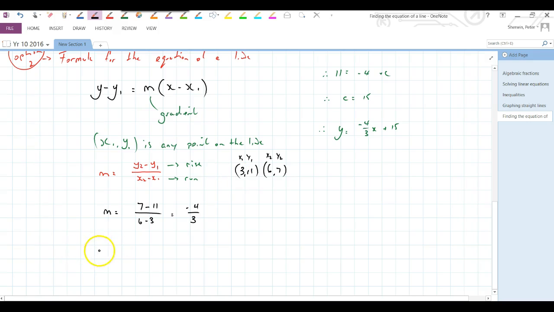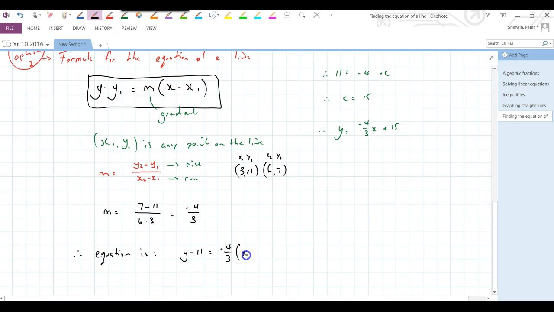So now my equation is, therefore, y minus y1, 11, equals m, minus 4 over 3. So I'm following this here. y minus 11 equals minus 4 over 3, bracket x minus x1, which is 3. The x and the y stay.